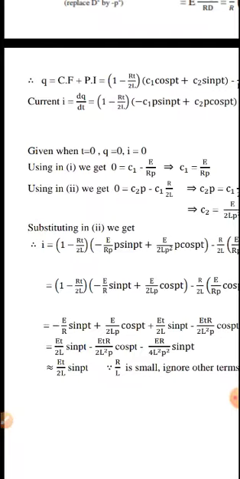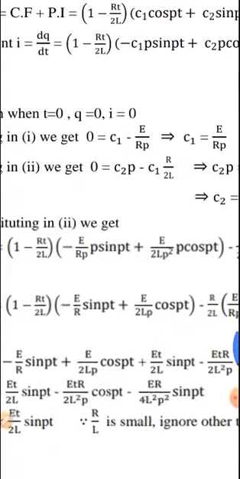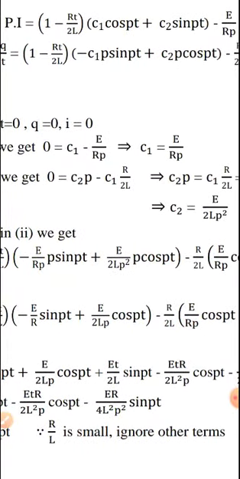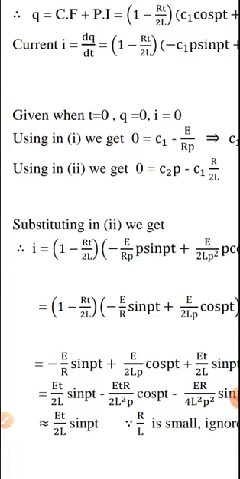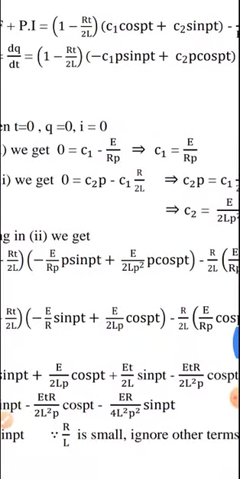Then it is simplification part. You will get C1 as E by Rp. Then you have written that I is dq by dt. In that, put t as 0, I as 0. Initially the current in the circuit is 0.